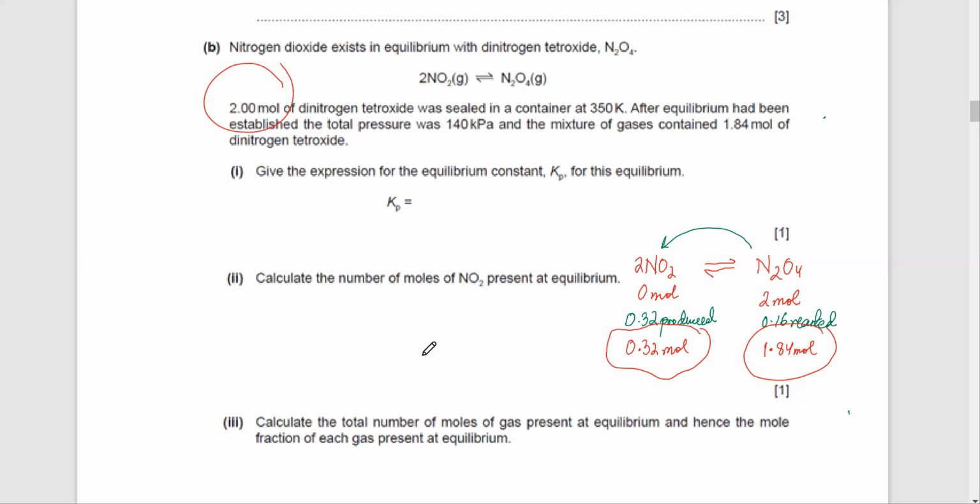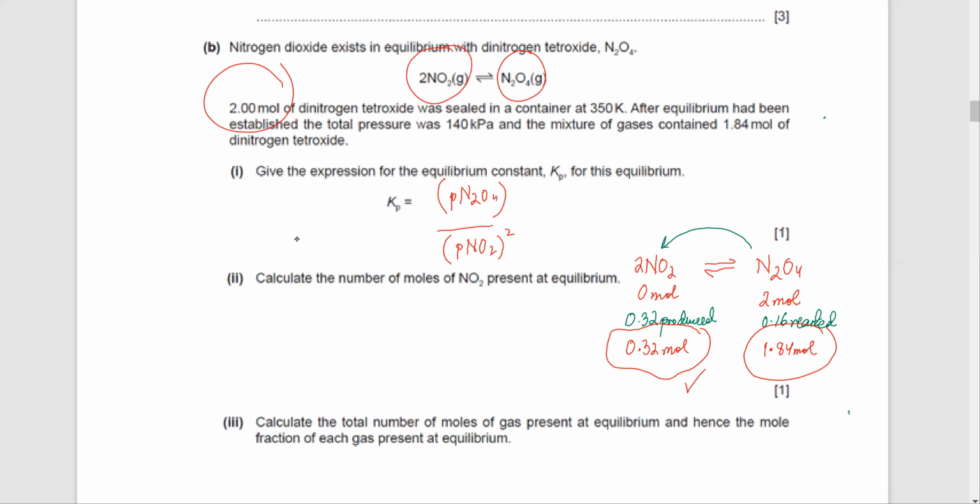So the first thing was to write the expression for Kp. Kp is product over reactant, so it's going to be P of N2O4 divided by P of NO2, squared. It said to calculate the number of moles of NO2 present at equilibrium. We did that already.